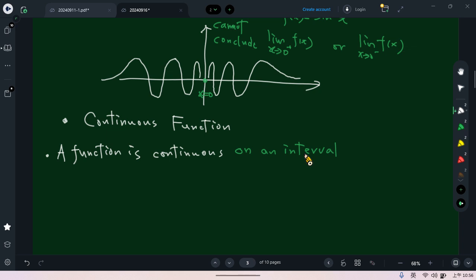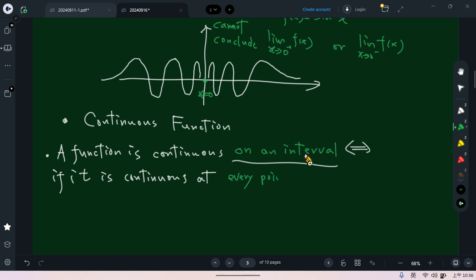as I mentioned earlier, on an interval there are many points, right? So if it is continuous at every point of the interval, then we say the function is continuous on the certain interval.